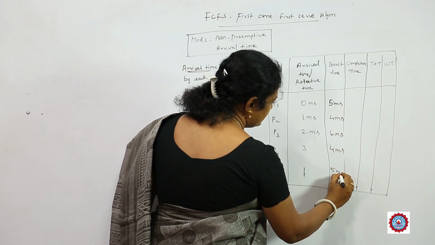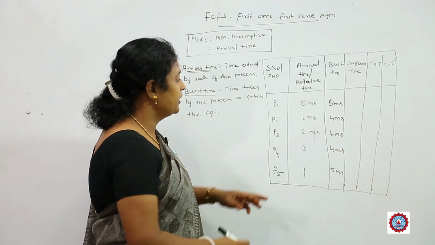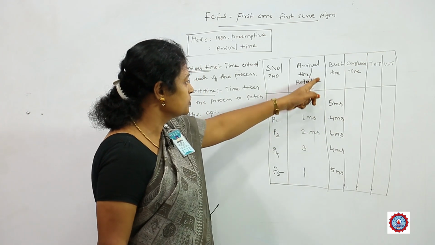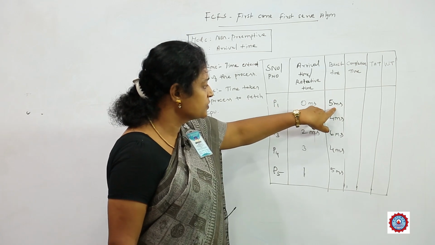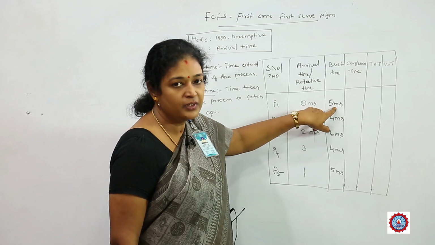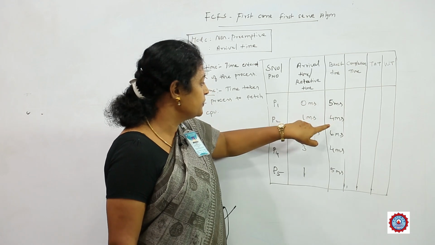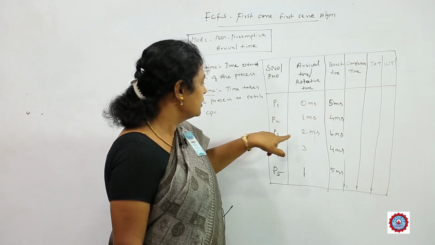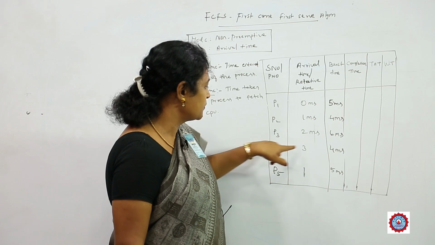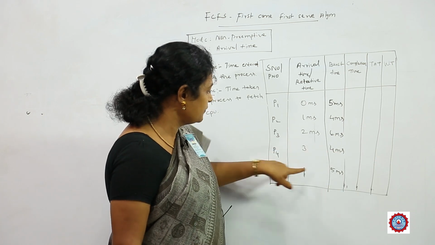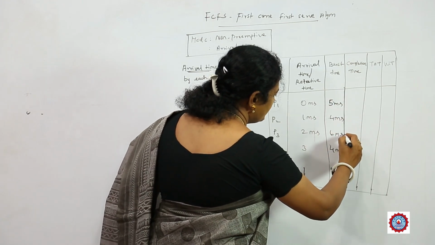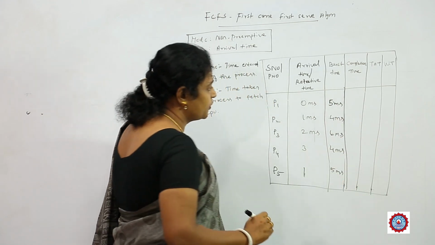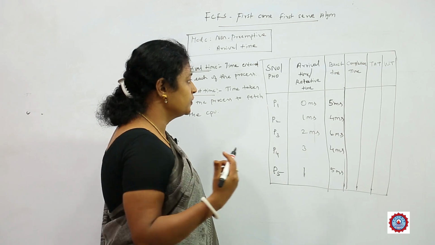Approximately, I have given the time intervals for each process: process P1 takes 5 milliseconds to get the CPU, P2 is 4, process P3 6, process P4 4 and process P5 5. So, this is the time taken by each process to get the CPU.